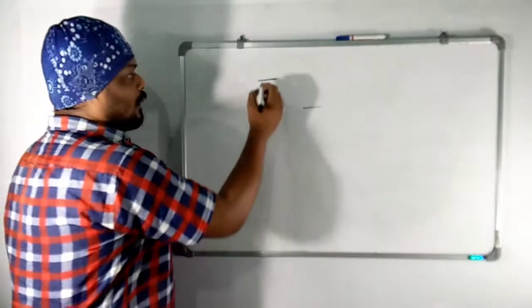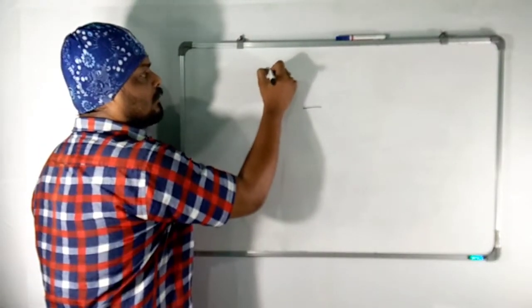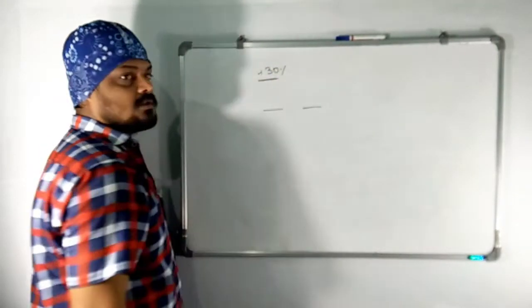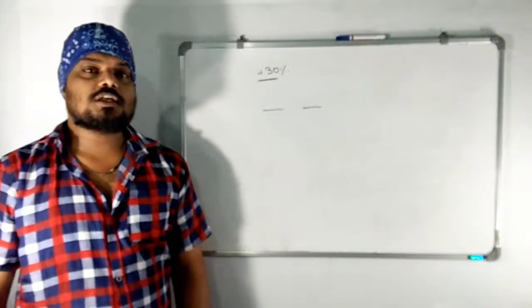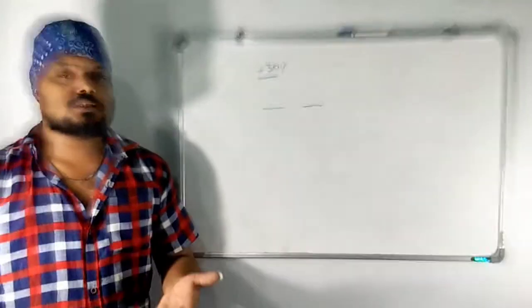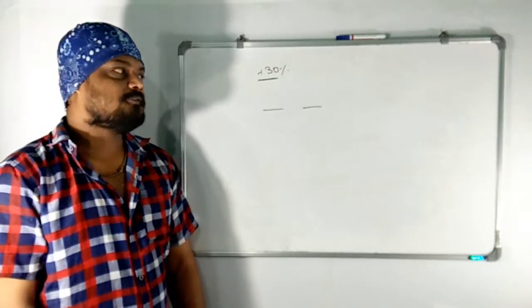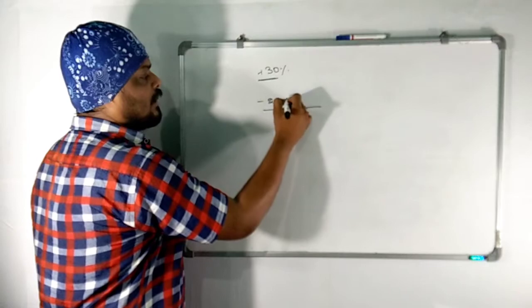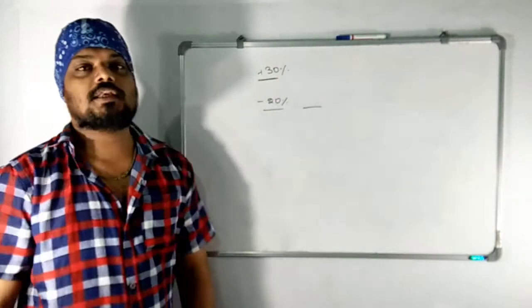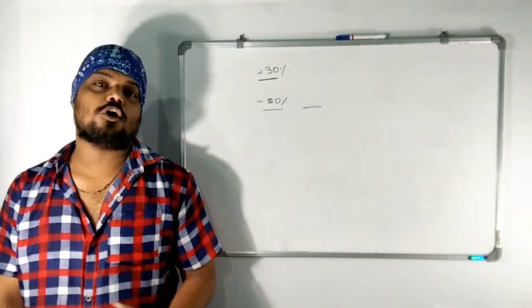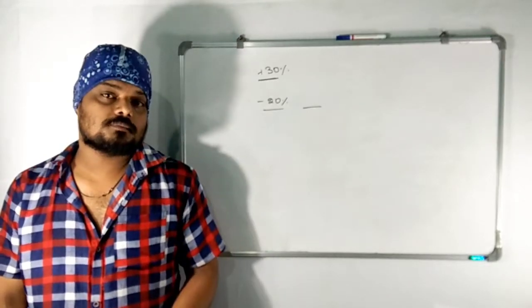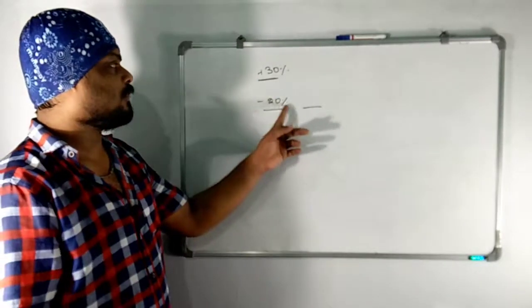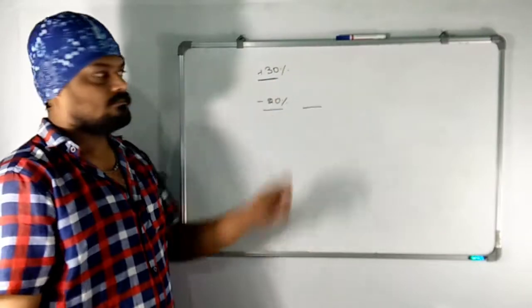So here, for the first condition, it is said that 30% is increased on decided price, and for the second condition, it is said that minus 20% is offered. Offered on what? Minus 20% is offered on 30.